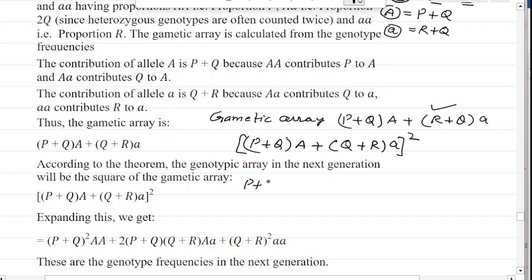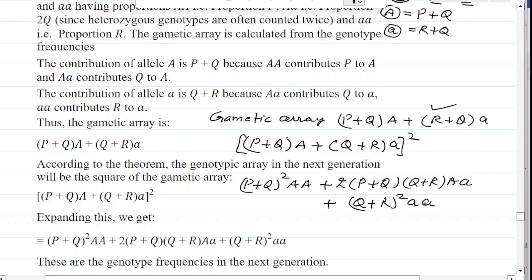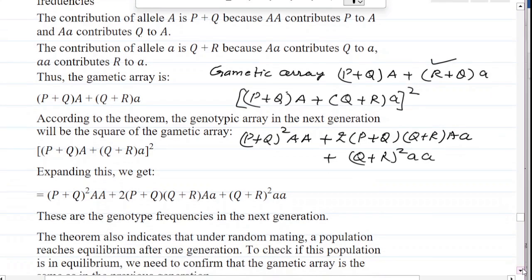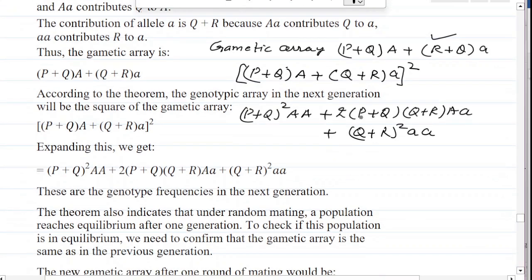I will get P plus Q whole square capital A capital A plus twice P plus Q and Q plus R capital A small a plus Q plus R whole square small a small a. Now let us simplify it. These are the genotypic frequencies in the next generation.